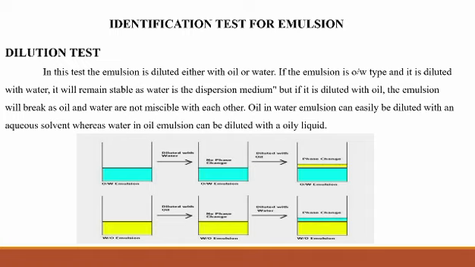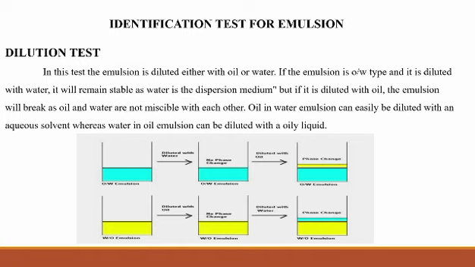Next, if we are diluting it with water, we can easily see that the emulsion will break, as the water will not be miscible with the oil phase, and there will be a separation of two phases. We can see that the oil phase will be in large amount and the water in small amount. With that, we can easily identify which is the continuous phase, and which type of emulsion this is.